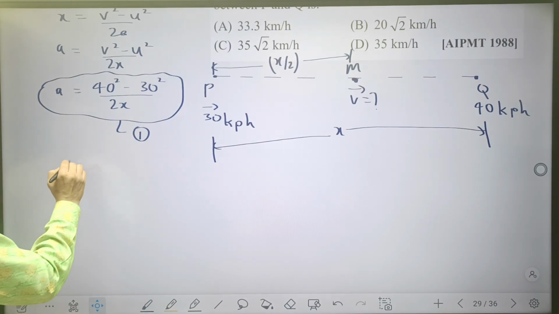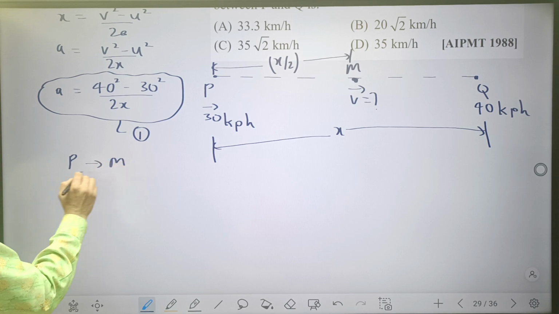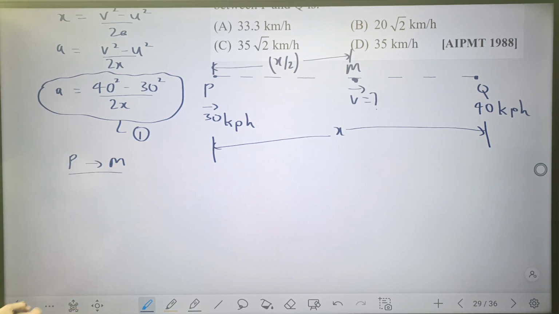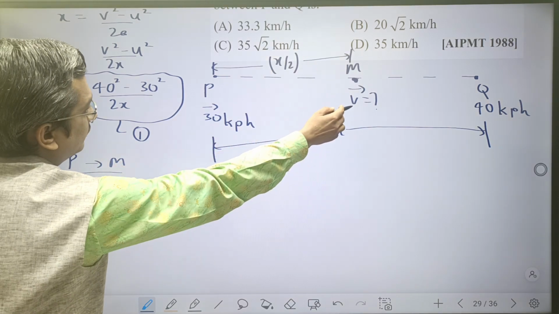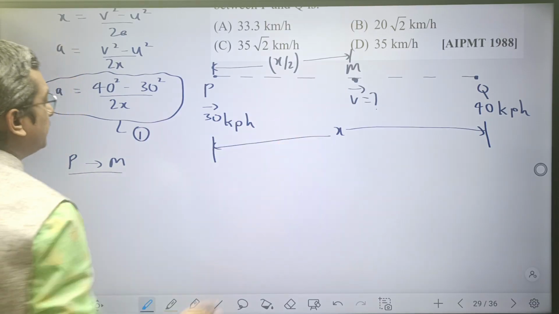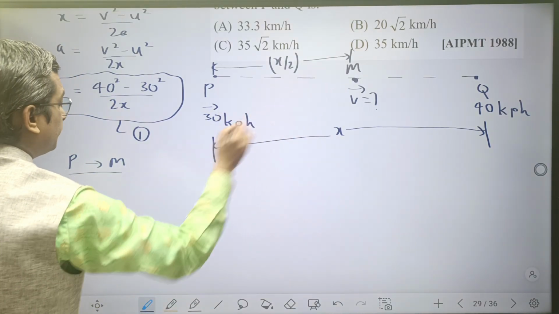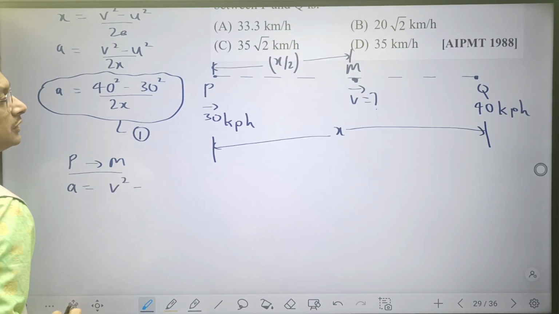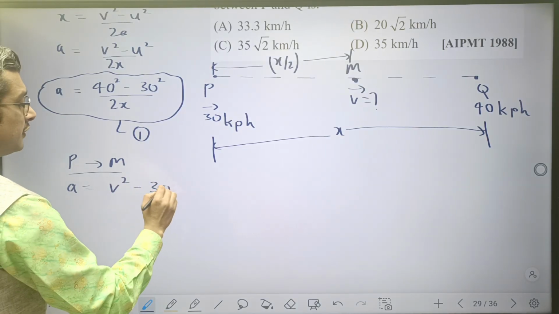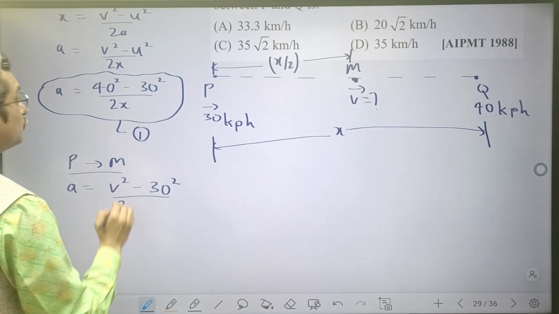Now in the second case, that is for the journey P to M, where M is the midpoint of the journey, the initial velocity is 30 and the final velocity, that is the velocity at point M, is v. So we can take acceleration as v square minus 30 square, divided by 2 into distance.